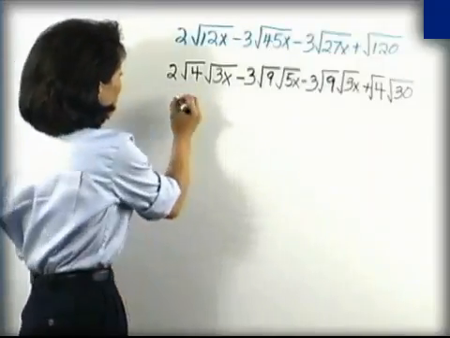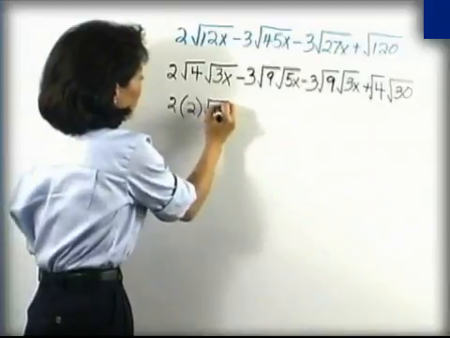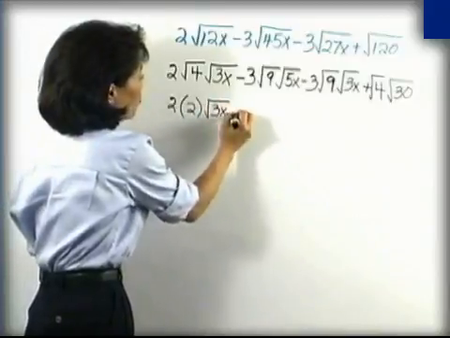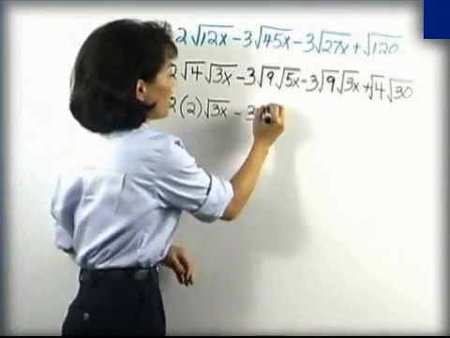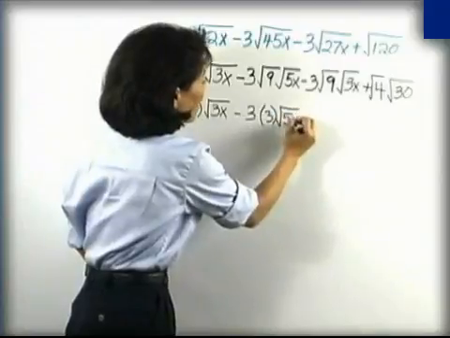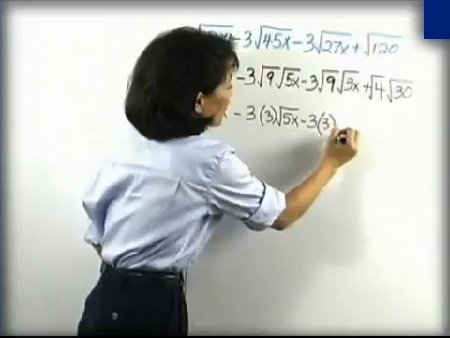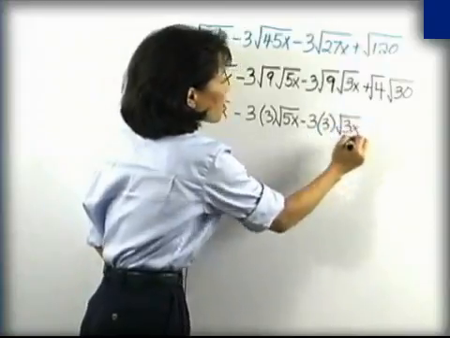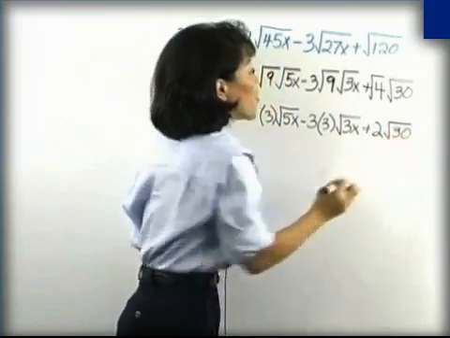The square root of 4 is 2, so this becomes 2 times 2 times the square root of 3x minus 3 times the square root of 9, which is 3, times the square root of 5x, minus 3 times 3 times the square root of 3x plus 2 times the square root of 30.